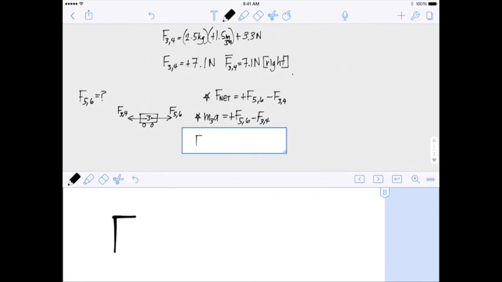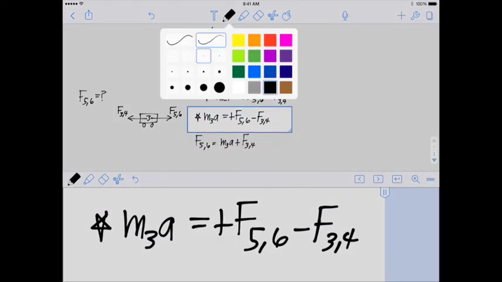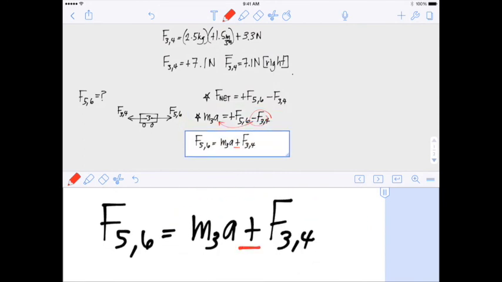And using algebra to rearrange this, we get the forces read on sensors 5 and 6 is equal to M3A plus the force of sensors 3 and 4. Keeping in mind that since we brought this term over the equal sign, its sign changed to positive.